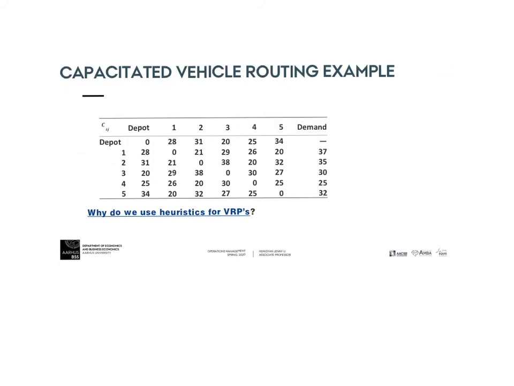The last example is the capacitated vehicle routing example, based on another reading material uploaded in Blackboard. It's the Clarke and Wright algorithm, written by Jens Lysgaard. You need to read the material.